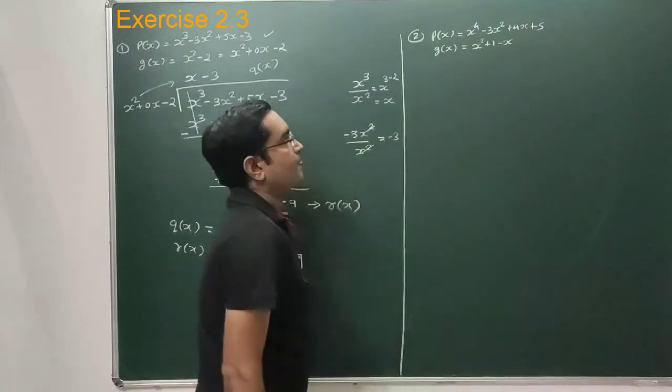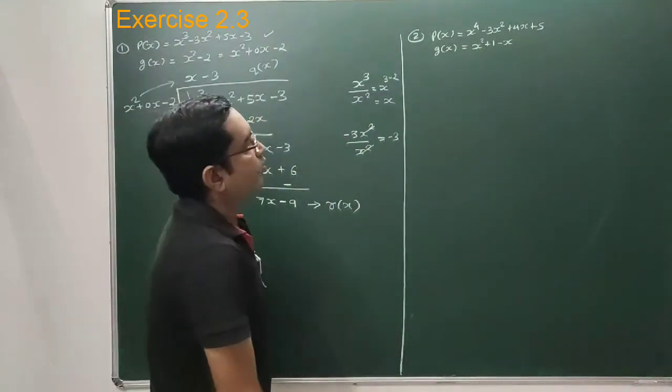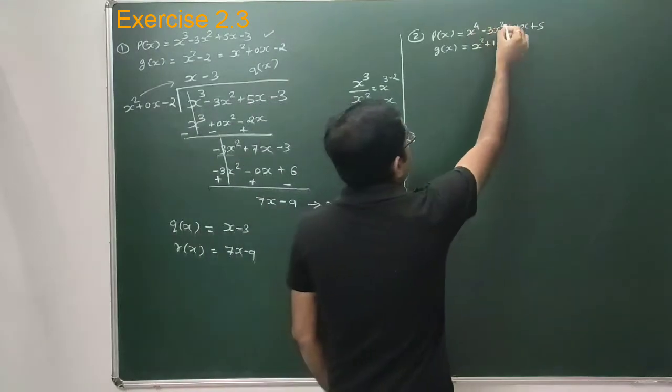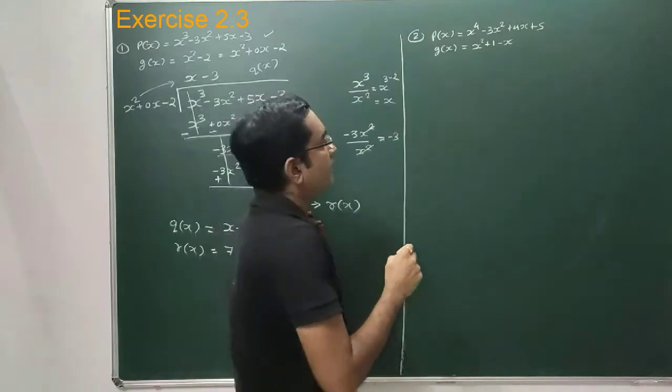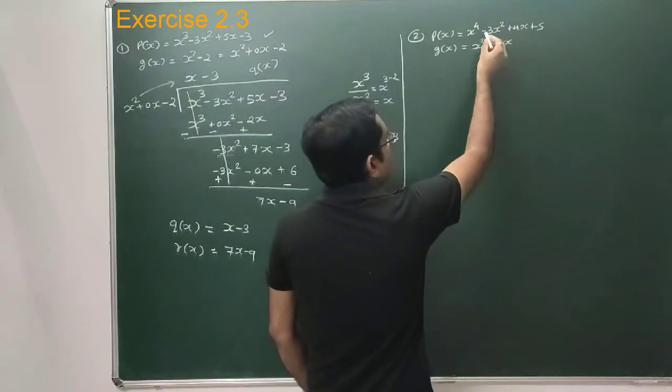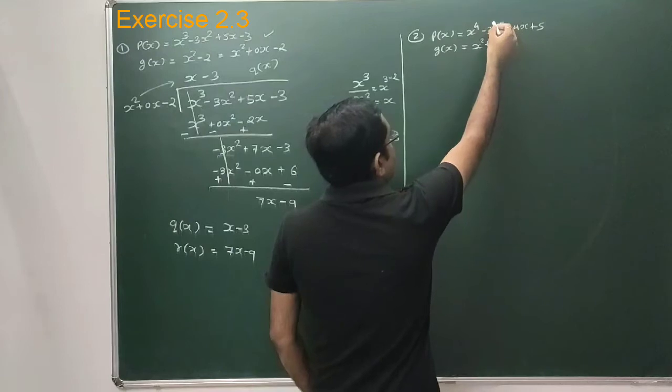Now, question number 2. Here the dividend polynomial is given: x raised to 4 minus 3x square plus 4x plus 5. It must be in standard form. All the powers of variable x must be present. Here power 4 is there, power 3 is missing.